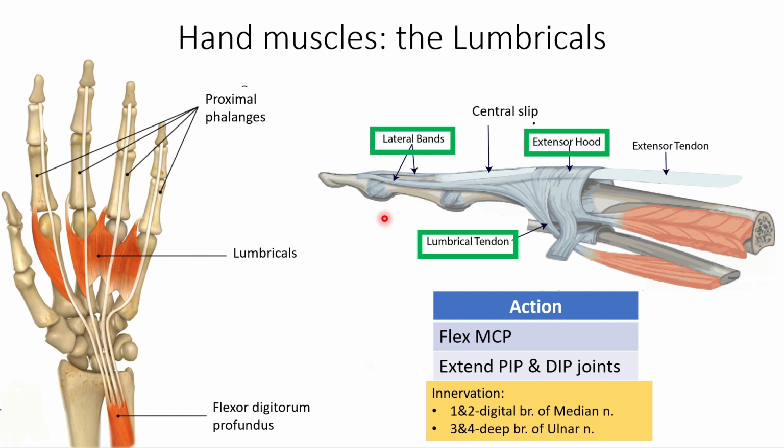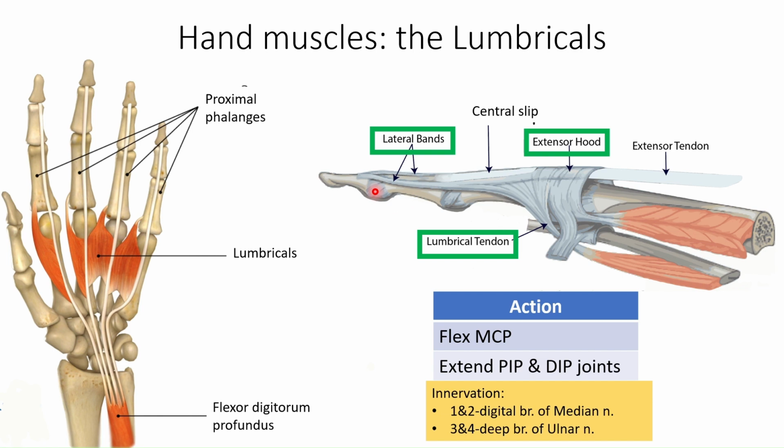However, they uniquely move lateral to join the extensor hood before continuing distally as lateral bands that then insert onto the dorsal aspect of the distal phalanx to extend the distal interphalangeal joints.